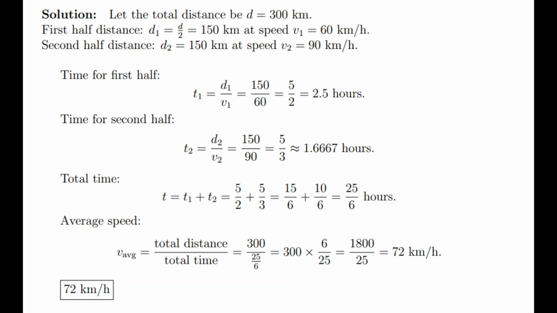So the time taken for the first half: we know that speed is equal to distance over time taken. When we change the subject, time taken is equal to distance over speed. So the time taken for the first half is the distance covered in the first half over the speed of the first half, which is 150 over 60, giving us 2.5 hours.